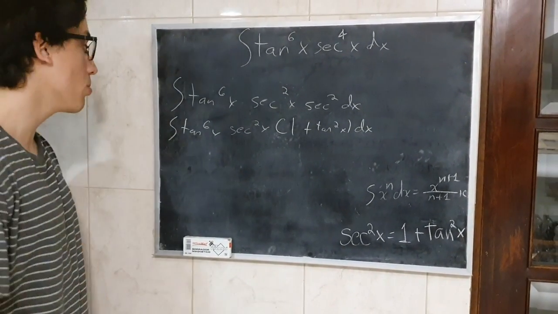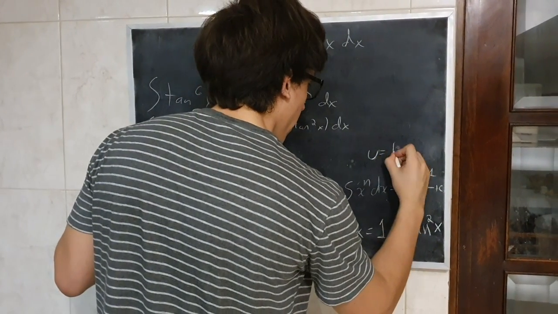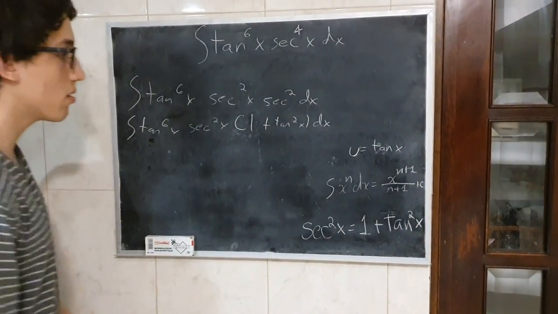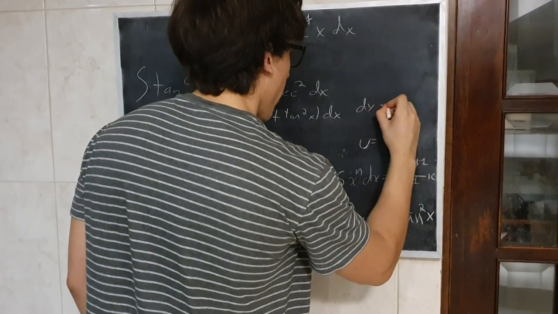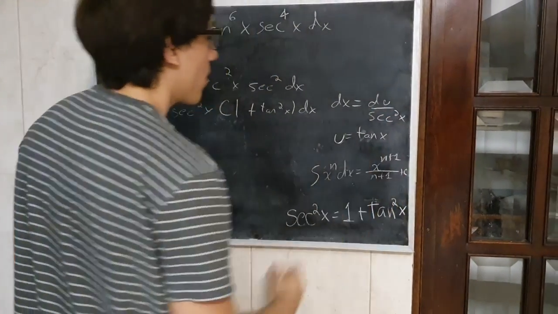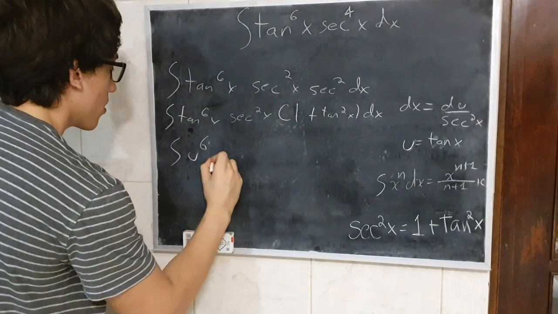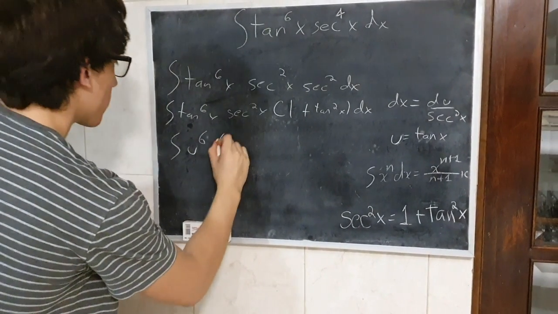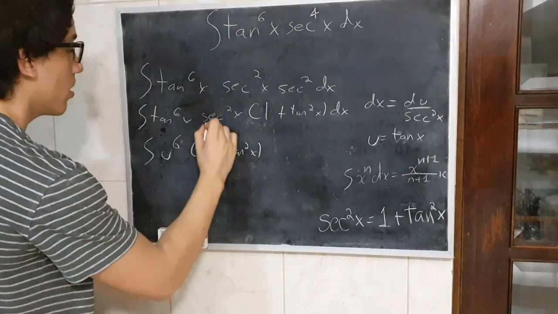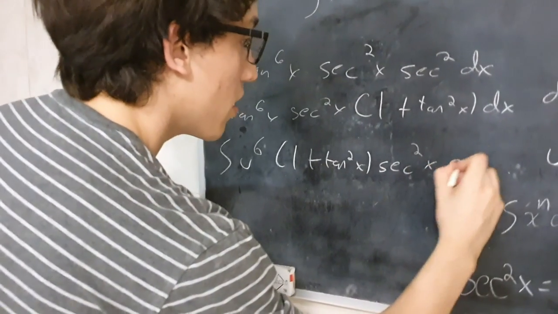So our u is tan, and the derivative of this is secant squared, and now we're gonna replace it here, so it's 1 plus tan squared, and we rewrite that here, so it's sec 2x, and we change the dx for du.